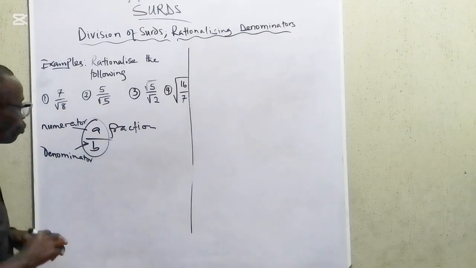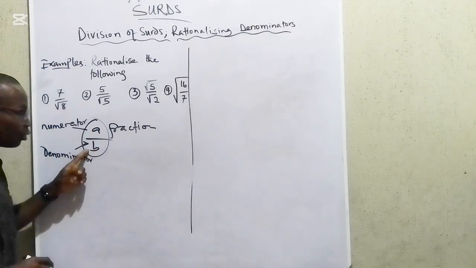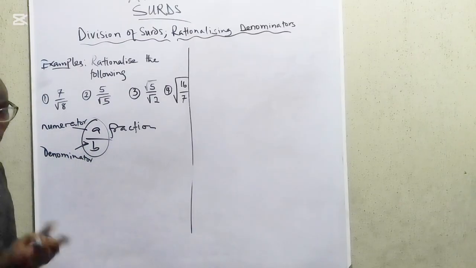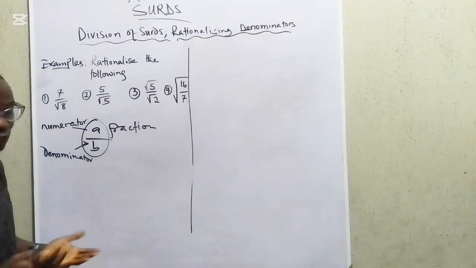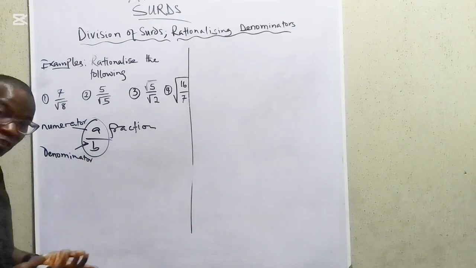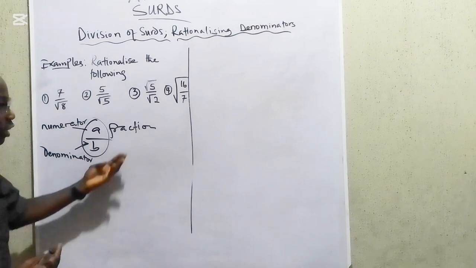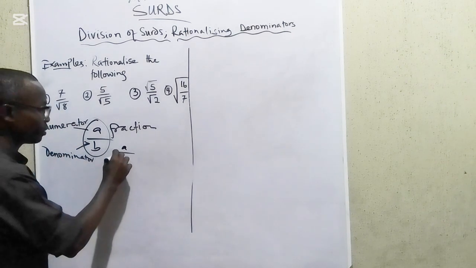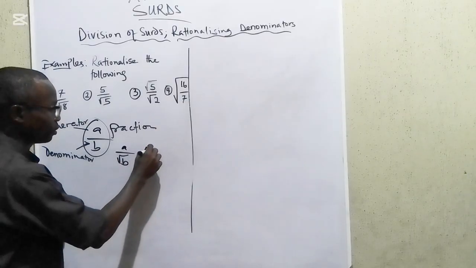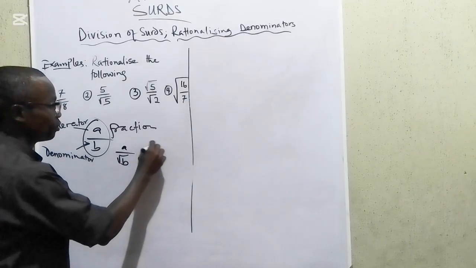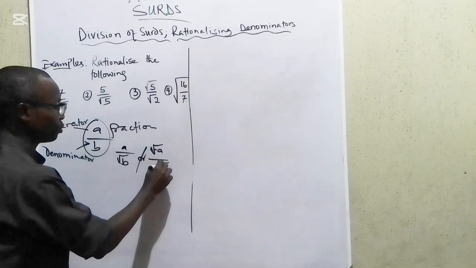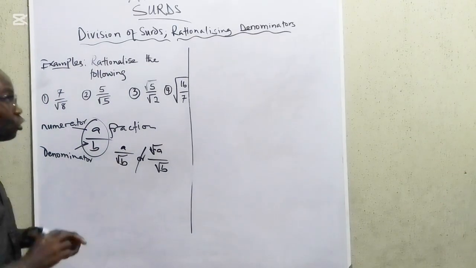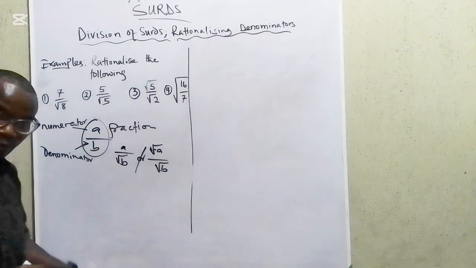So if you ever have the denominator in surd form, or with a surd included in it, the best thing to do is to rationalize the denominator. If you have something like the square root of a divided by the square root of b, the best thing to do is to rationalize the denominator.